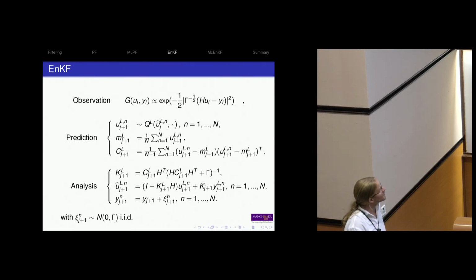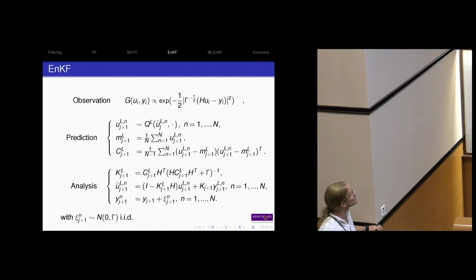Then we have the update equation here. And these psi n j plus 1s are distributed according to the distribution of the additive noise on the observations. So this is a noisy observation. You add another realization for each particle. So this n is the particle index, j is the time index.